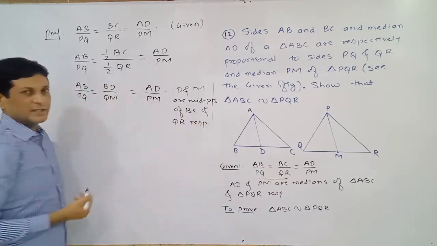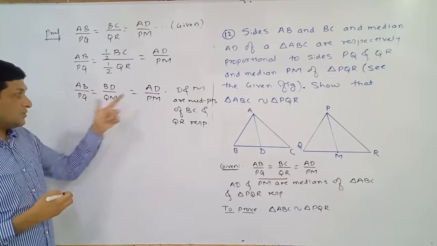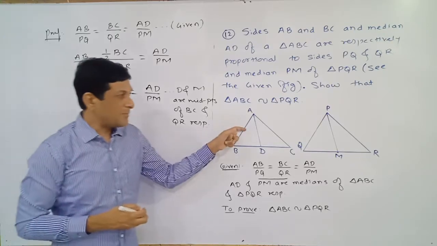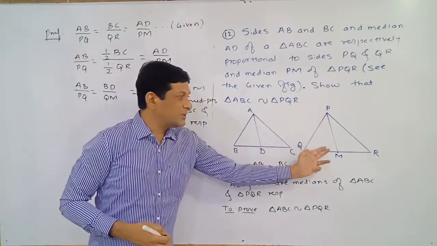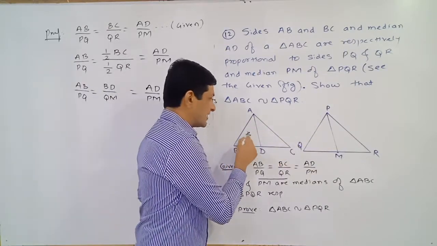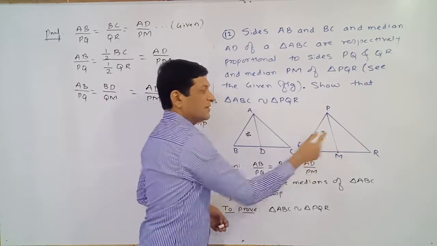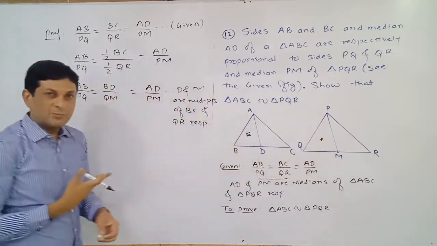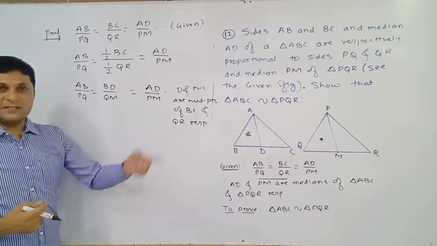Now observe which ratios are equal: AB upon PQ is equal to BD upon QM, which is equal to AD upon PM. This means for these two triangles, triangle ABD and triangle PQM, the sides are in proportion. That's why, using the SSS criterion, we can say these two triangles are similar.